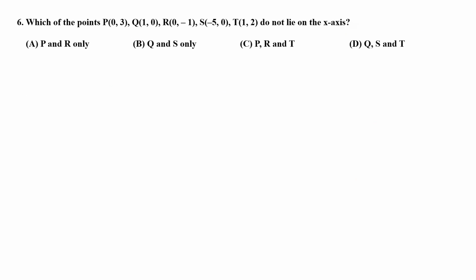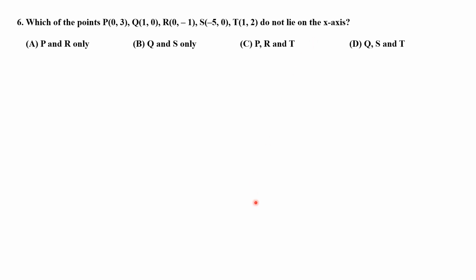Now which of the points P(0, 3), Q(1, 0), R(0, -1), S(-5, 0) and T(1, 2) do not lie on the x-axis. Okay, now there are so many points. So what you do is just the reverse of it. First you find the points which lie on the x-axis. If the point lies on the x-axis, then the y-coordinate will be 0.